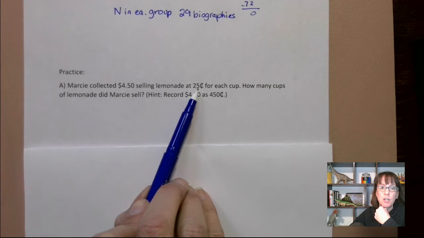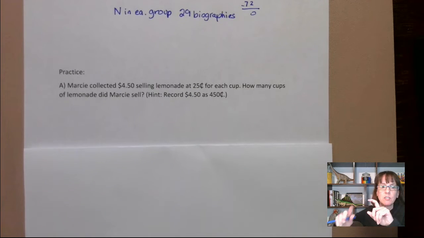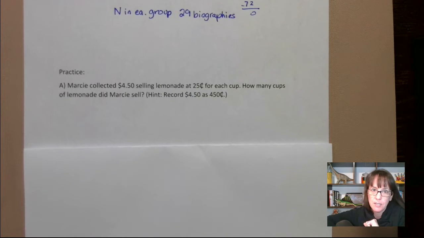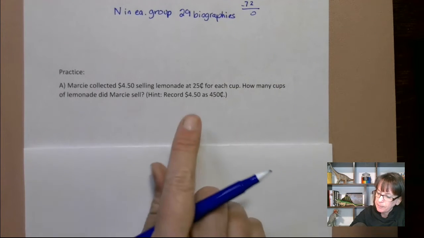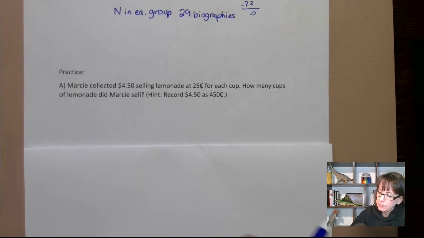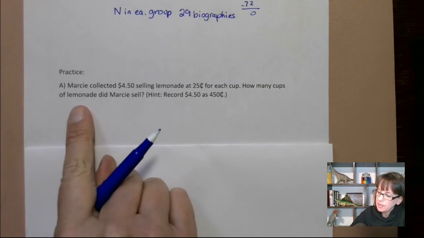Make sure that if you're talking about cents and dollars, you have to switch to one or the other so that your units are the same. So how many cups of lemonade did she sell?